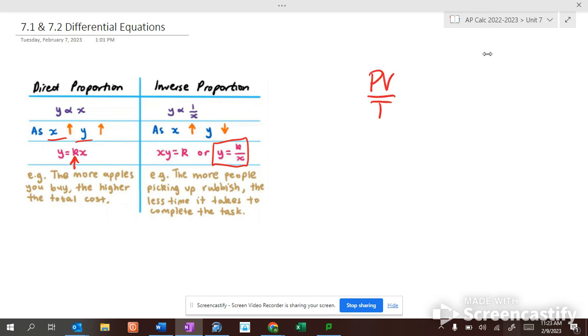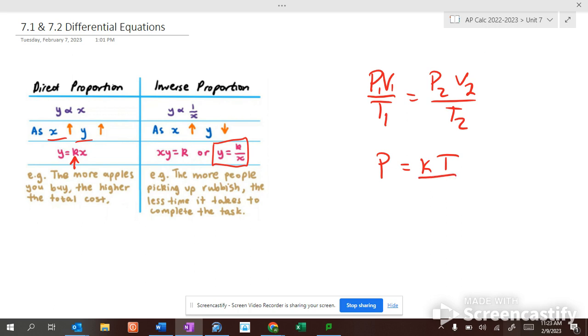PV over T, P1 V1 over T1 equals P2 V2 over T2, right? So if you look at pressure and temperature, they're directly related. As the pressure increases, the temperature increases.